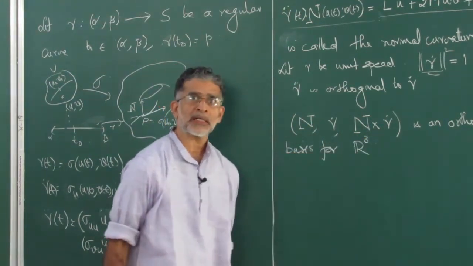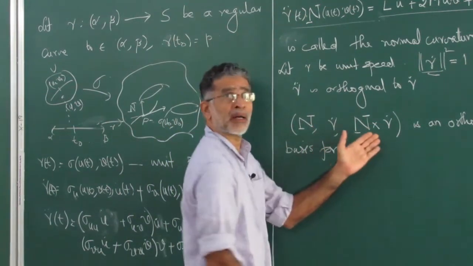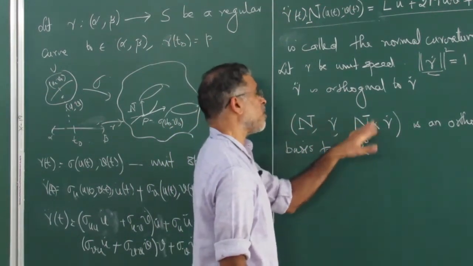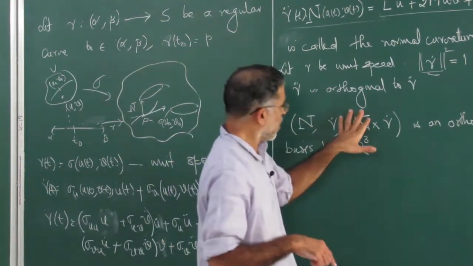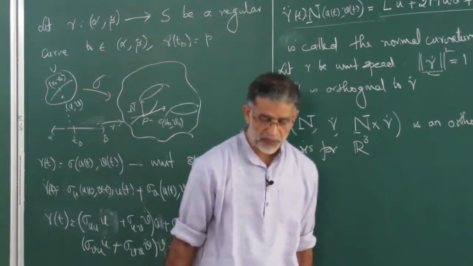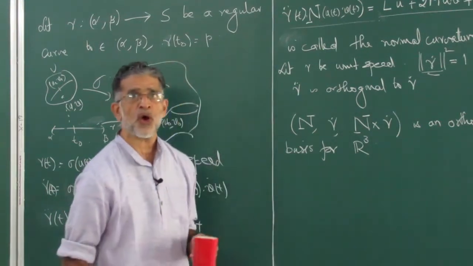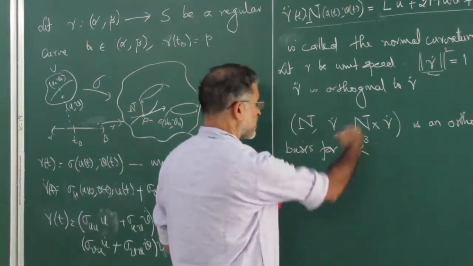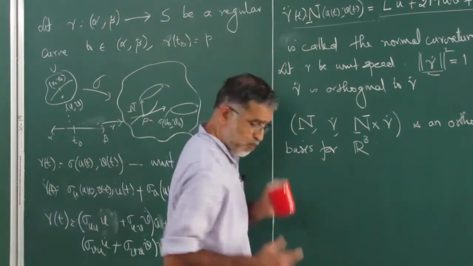Just take the cross product. Divided by the norm? Its norm is 1. Because what is the norm? Because these two are orthogonal to each other, the norm of the cross product is the norm of this one times the norm of this one times the sine of the angle between them. But the angle is 90 degrees, and sine of 90 is 1. So you don't have to divide, it's automatically orthonormal.